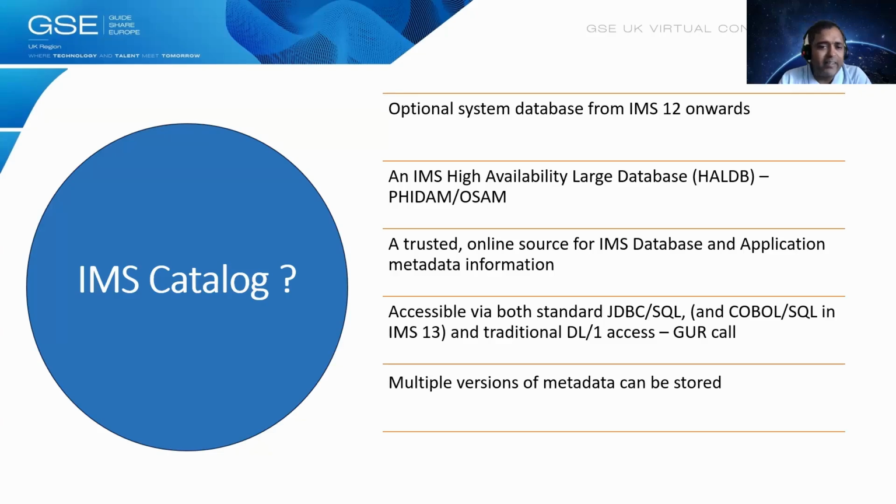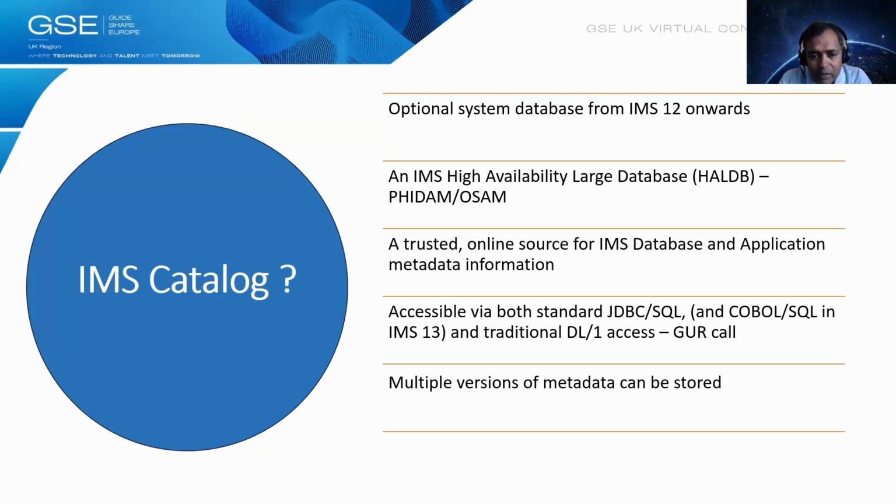So the advantage it offers is that the data is always current, because the consumption of the data was directly happening from a HALDB database rather than some static files, basically.